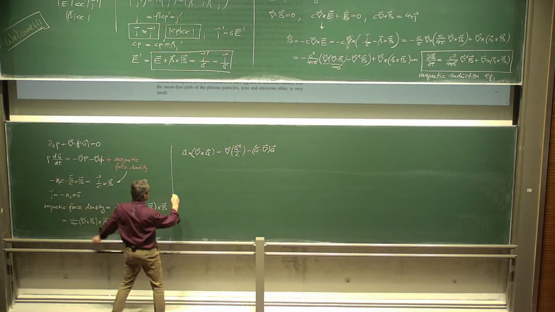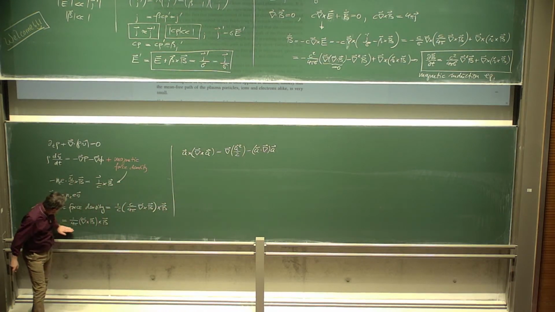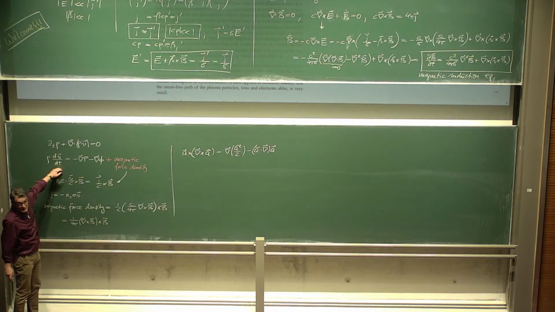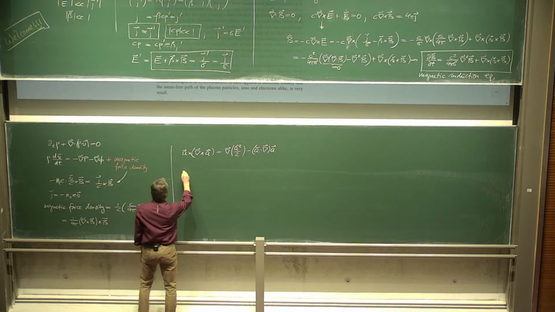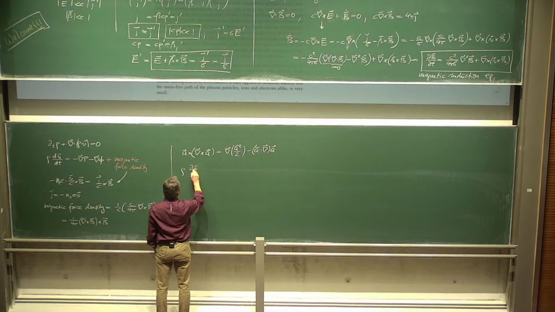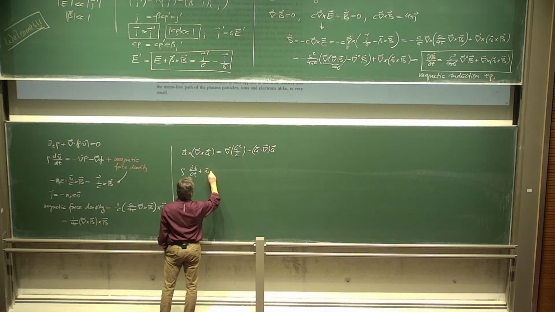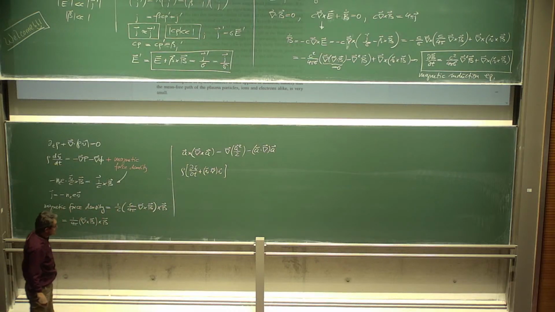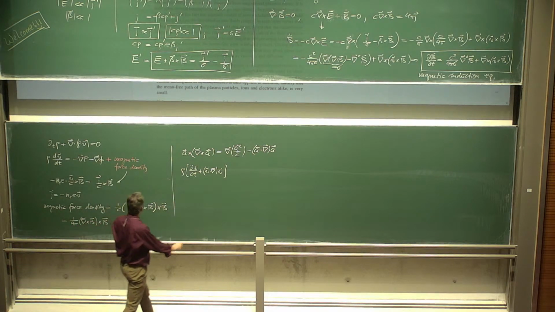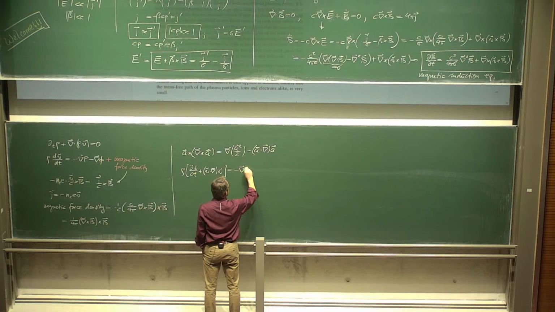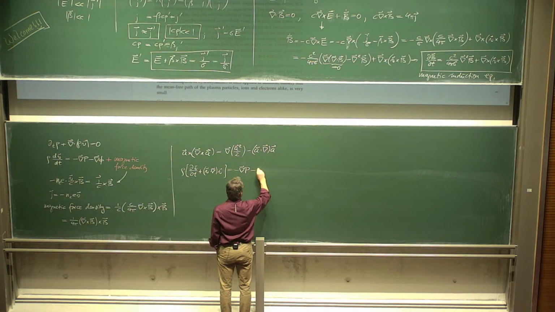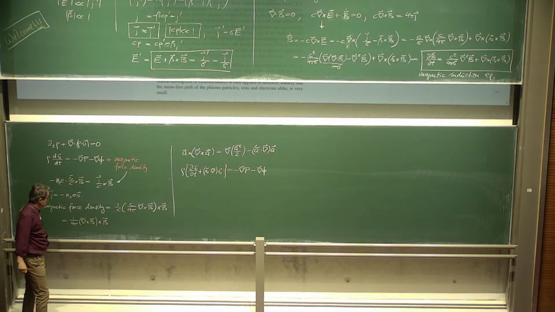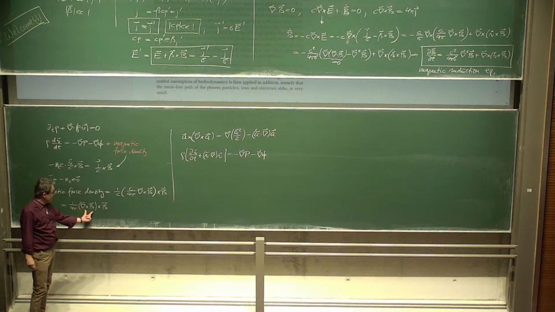So, now we use that to express the magnetic force density in the Euler equation. So this means that we can now write the Euler equation. I'm now going to write it in full. So this is the total time derivative of the velocity. Then on the right-hand side, I have minus gradient P. Then I have minus gradient phi, if there is a gravitational potential. And then I have two terms from here.